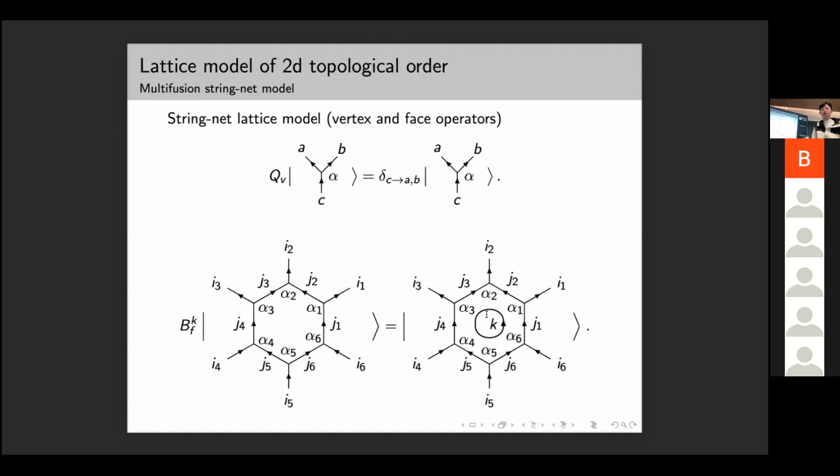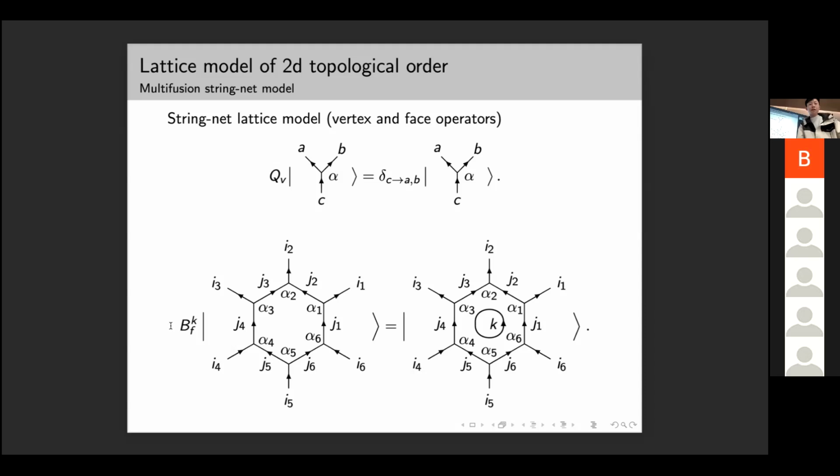And the vertex operator and the face operator are constructed totally the same as in the Levin-Wen string model. For the vertex operator, we take the projection onto the space where they can fuse, which means that if this C_AB channel is not a zero vector space, then we take this space, and if it is a zero vector space, we take the projection.